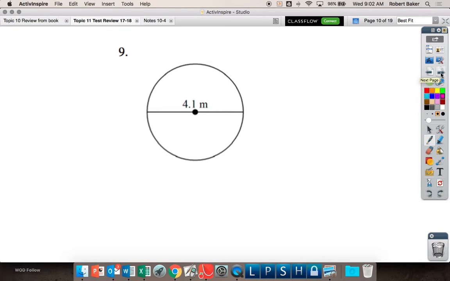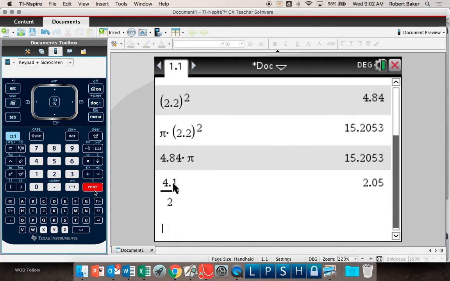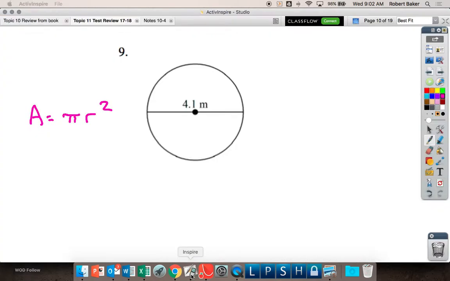Find the area of this circle. Leave your answer in terms of pi. So be careful, guys. Area is equal to pi r squared, not pi diameter squared. So you have to cut that diameter in half. What is half of 4.1? 2.05 is half of 4.1.